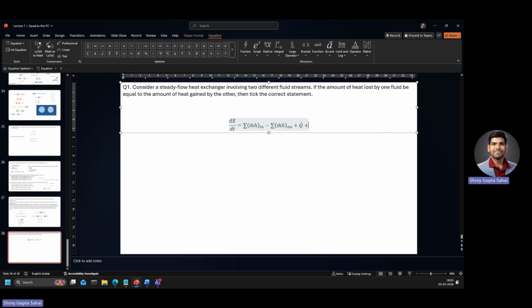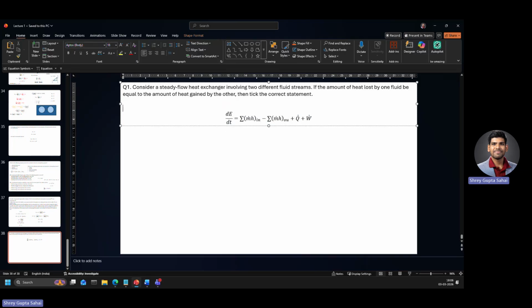And then another term is the rate of work done, or the power added to the system, or power of the surrounding on the system. Basically, work component added to the system, but in the per unit time form.